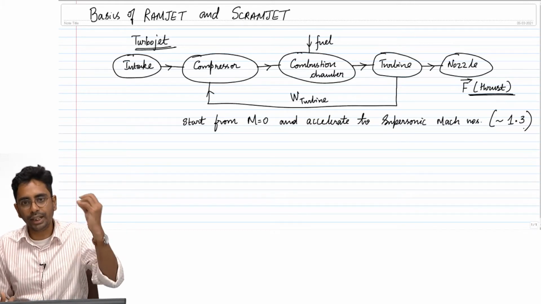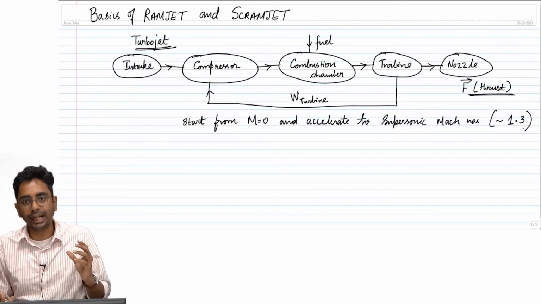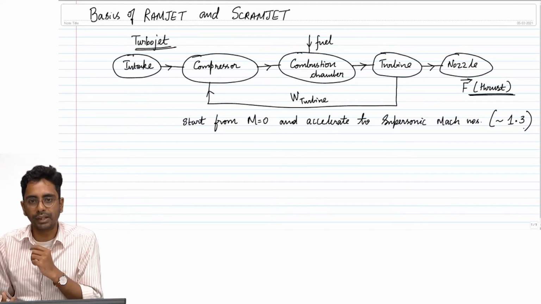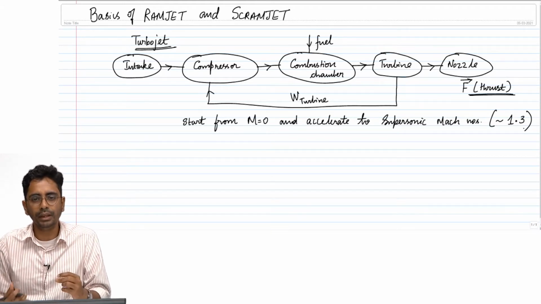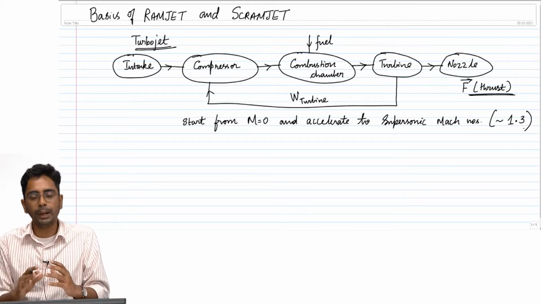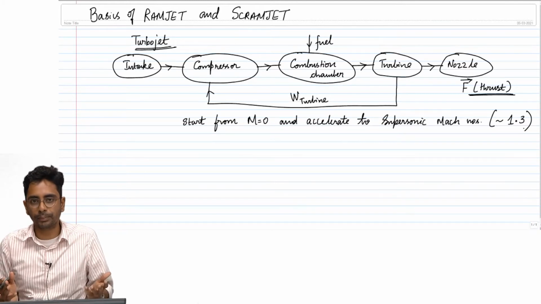Into the stream fuel can be injected, enthalpy can be added and expanded through a nozzle to produce thrust. And suddenly we are looking at a possibility of a very simple, at least in principle, propulsion device which has no rotating parts.